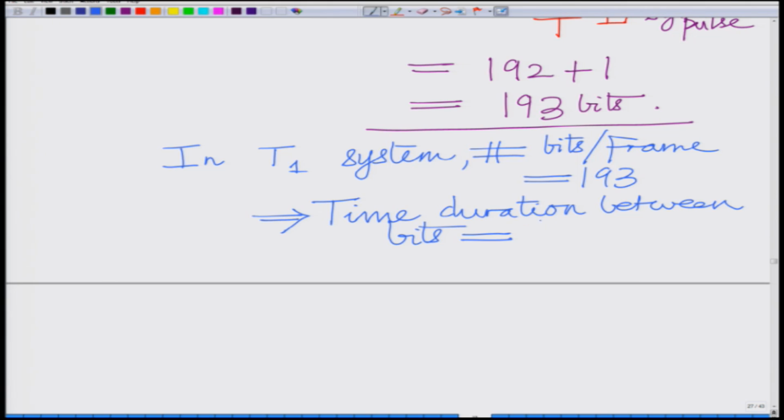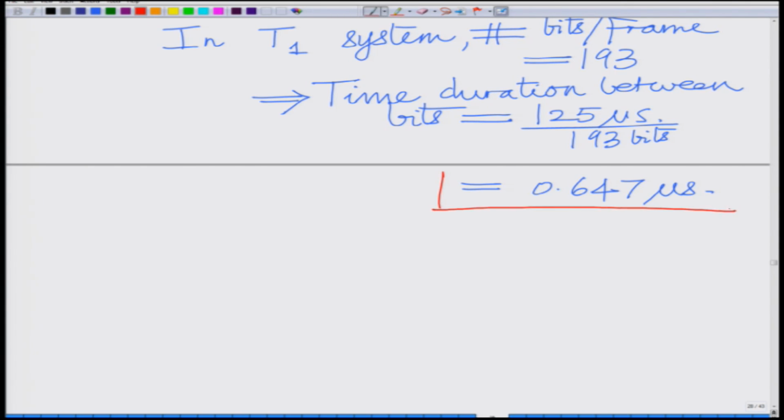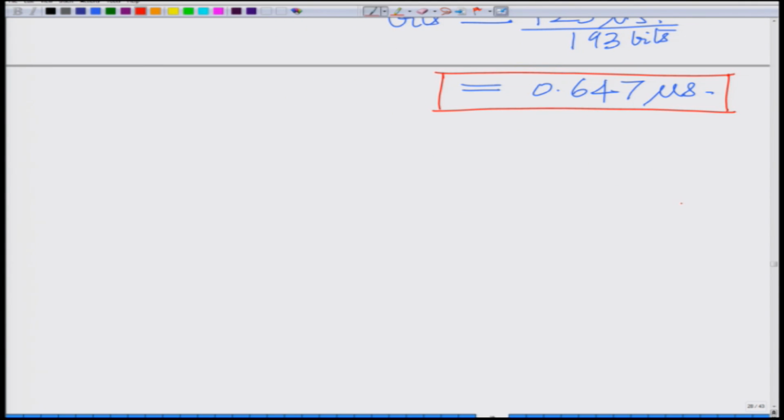Time duration between bits equals 125 microseconds divided by 193 bits, that is equal to 0.647 microseconds.